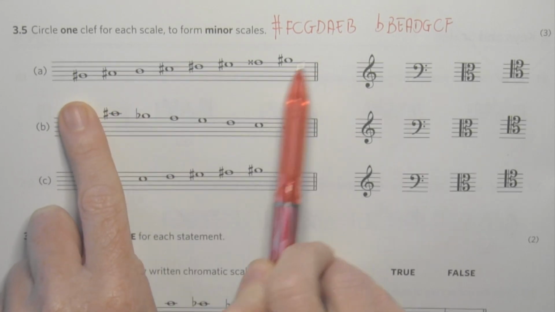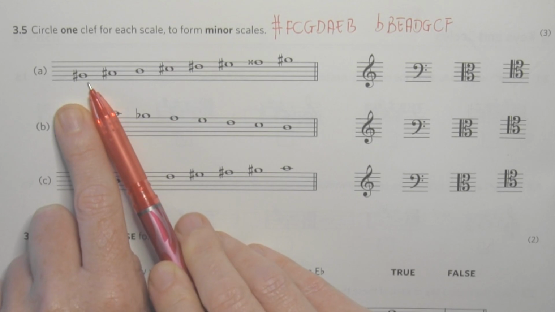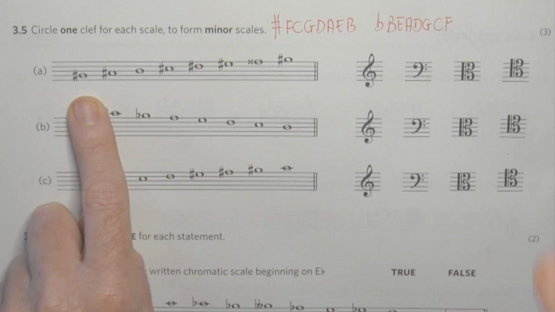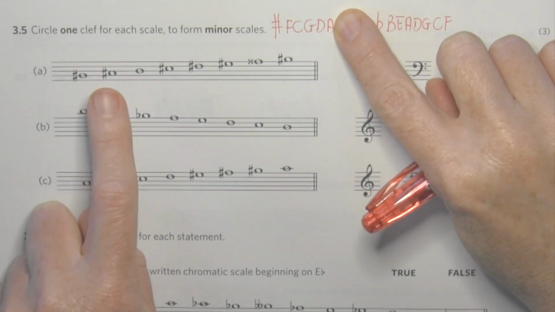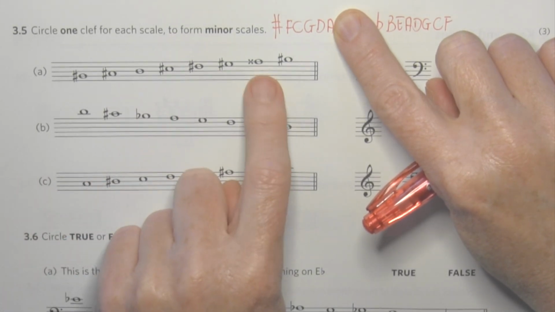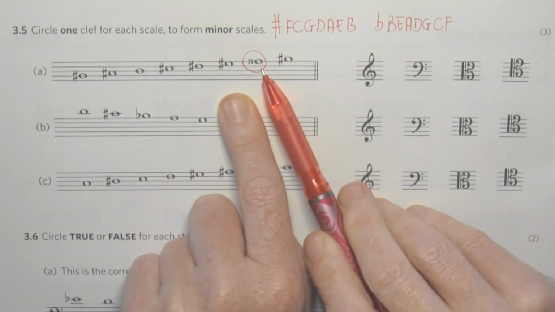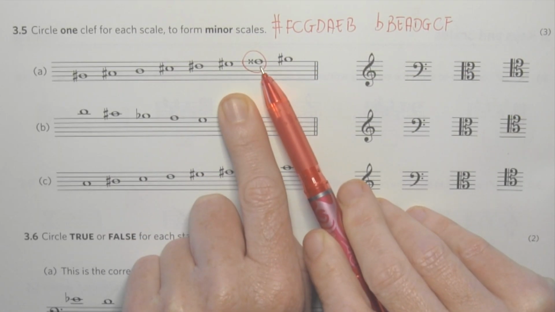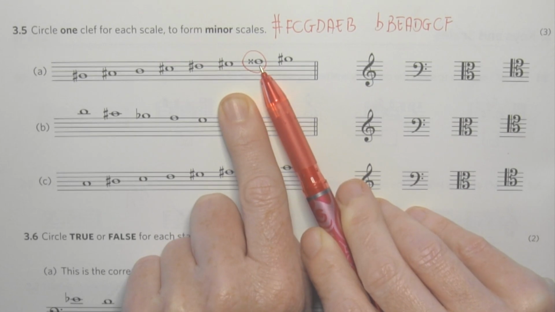If this is the treble clef, this is G sharp, and G sharp is the relative minor of B major. Now B major has 5 sharps, and here we have 1, 2, 3, 4, 5, and 6, because this is the leading note raised, and it means that it was sharp in the key signature, and it has been raised further.